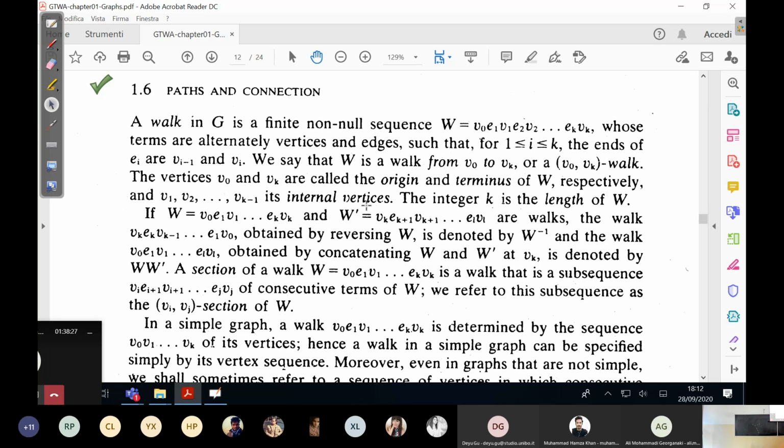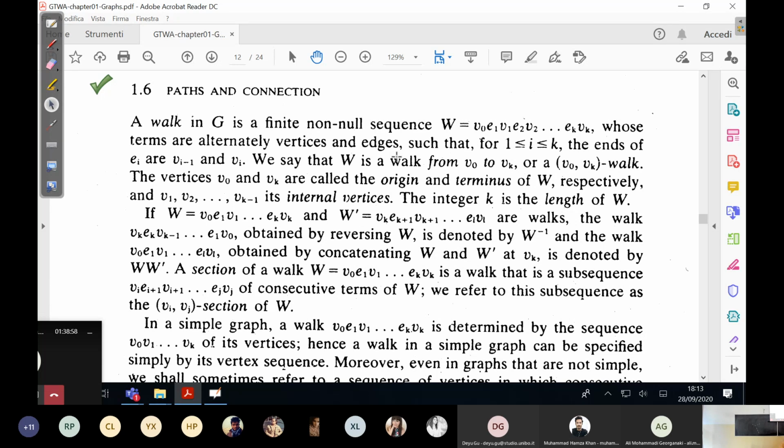So what is it? A finite non-null sequence, vertex, edge, vertex, edge, vertex, edge, vertex, finally. So V0, E1, V1, E2, V2, E3, and so on and so forth, up to Ek, Vk, whose terms are alternately vertices and edges. And what is next is forgotten by many students.